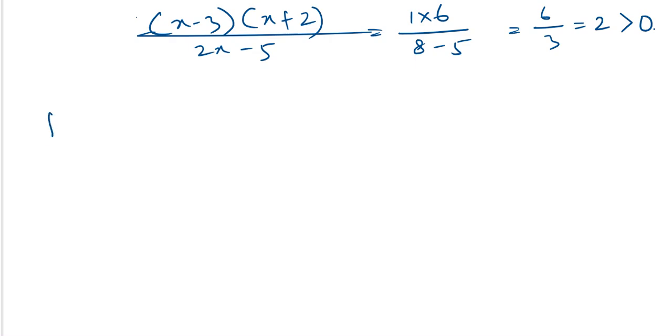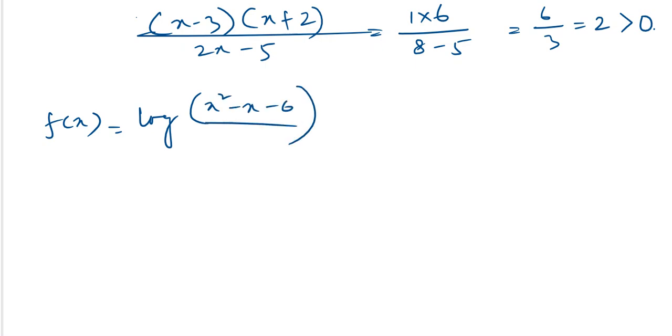The function f(x) is the log of x square minus x minus 6 divided by 2x minus 5.